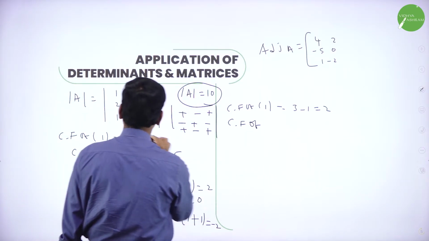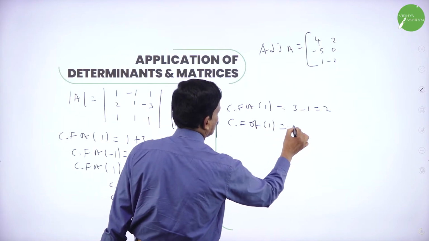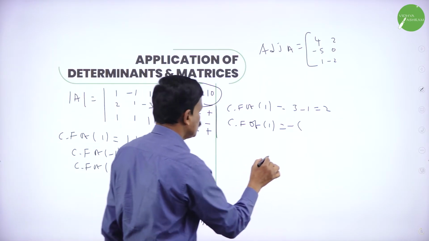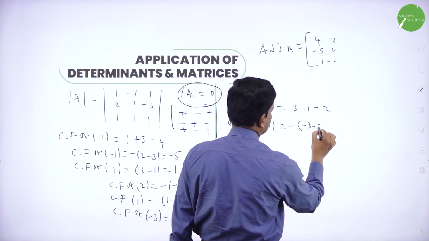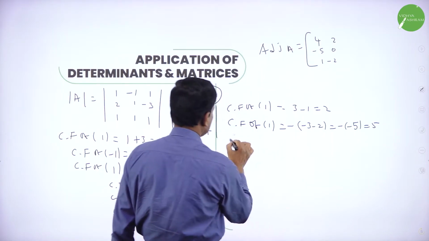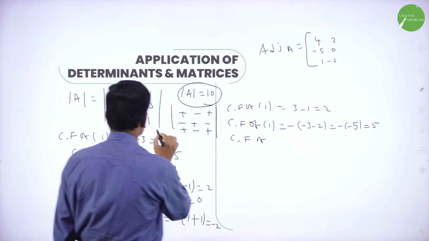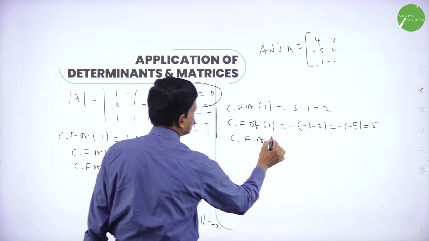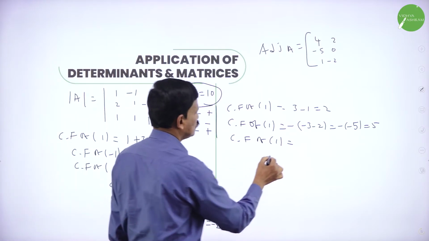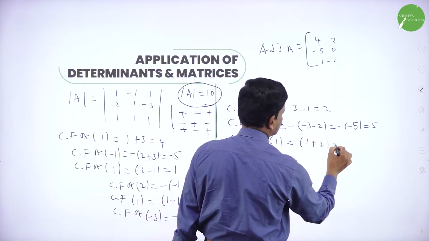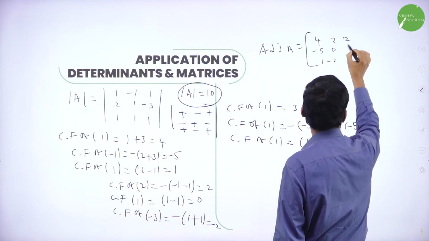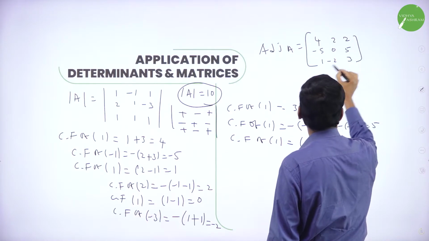Cofactor of this element 1, it is minus, this row and column are gone, 1 3s are 3, minus 2, minus 3 minus 2, minus of minus 5, it is plus 5. And the last element, cofactor of 1 is positive, 1 ones are 1 plus 2, this is equal to 3. Put it in the last column, 2, 5, 3. Now this is the adjoint.